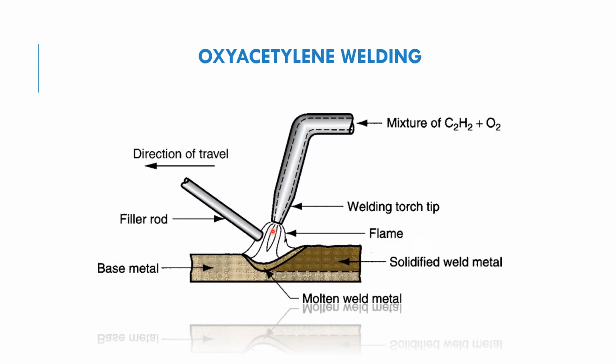The combustion happens over here, where the filler will be melted and then added to the molten weld metal. In this area, not only the filler metal will be there, the molten metal also includes the base metal. Because it is a fusion, the base metal must be melted.